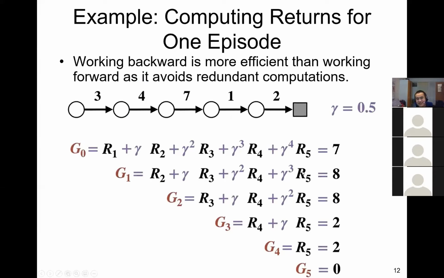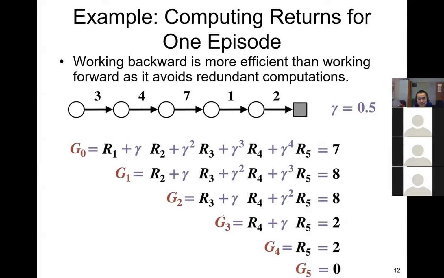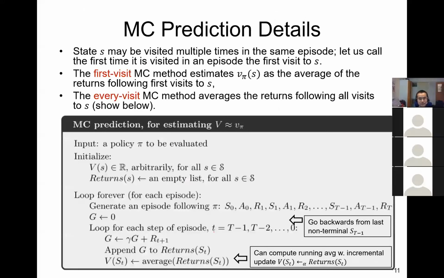You can do the computation this way, or you can plug in G3 for this latter term. So by working backwards, you can do less computation. If you go forward, it's fine, you just simply recompute everything at every step. But if you go backwards, you can reuse some of the computation. So that's why in the pseudocode, you go backwards.